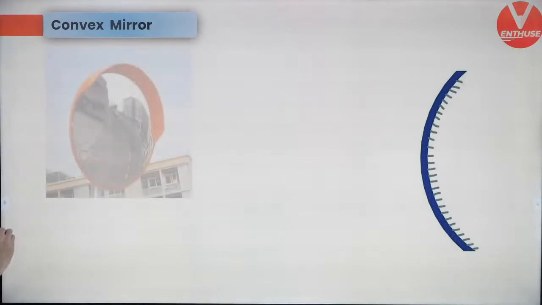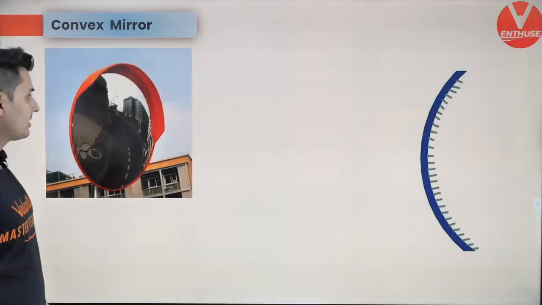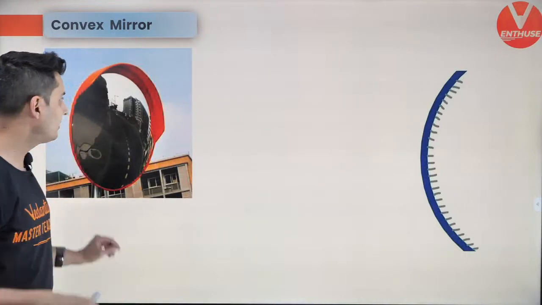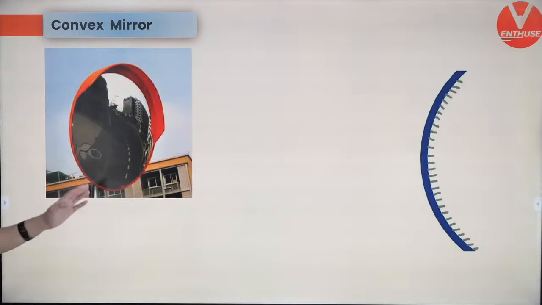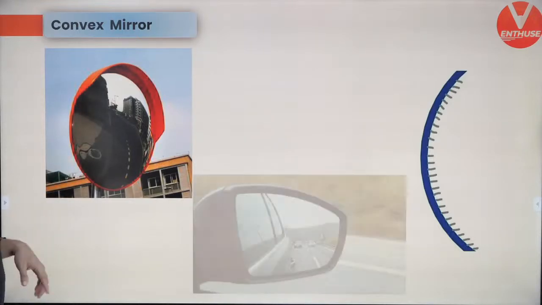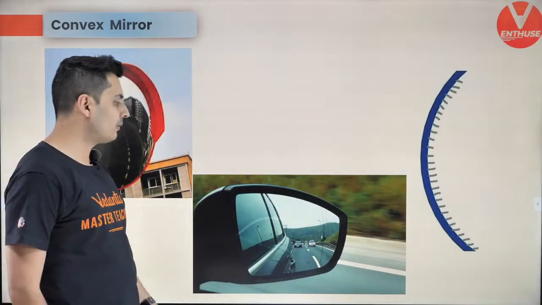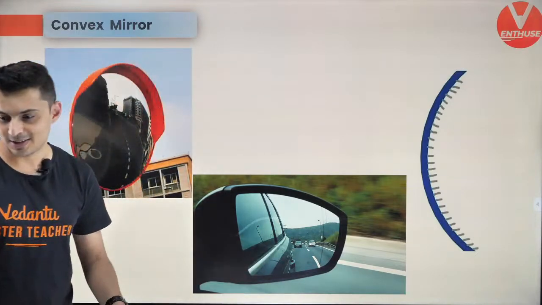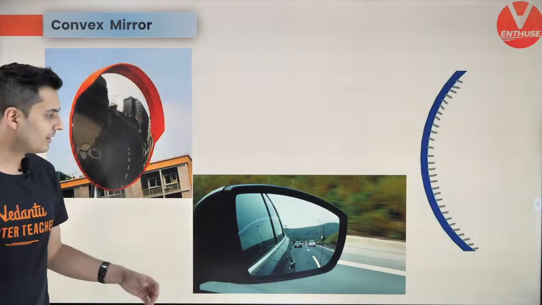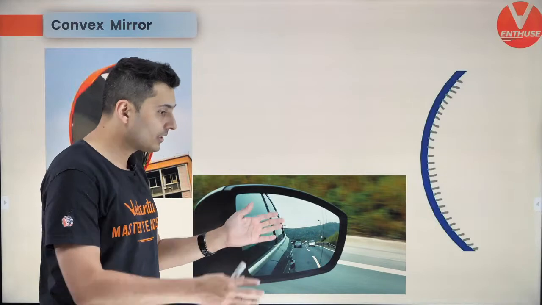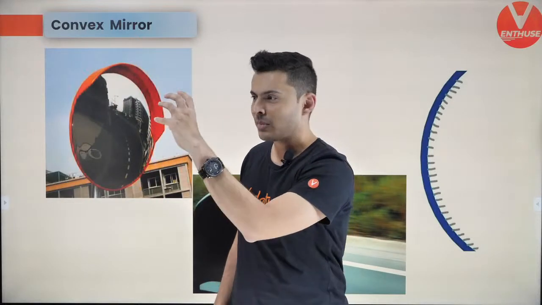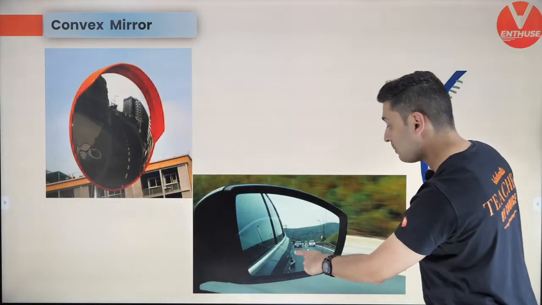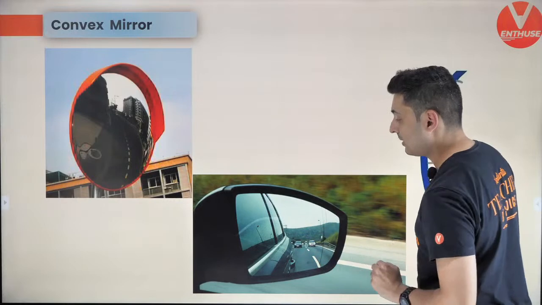Now, very important thing, convex mirror applications. Have you seen this in parking lots or at busy traffic junctions? Or even the rear view mirror of your car is convex in nature, because the convex nature makes sure that there is a wide coverage and many things are seen in your mirror, and the best part, the images are erect and virtual.